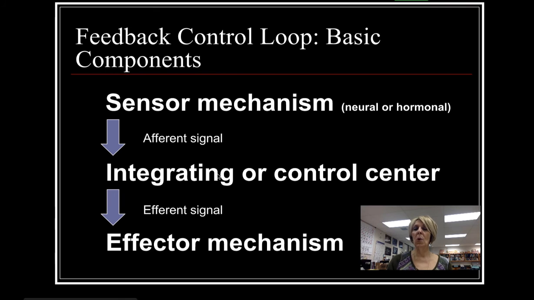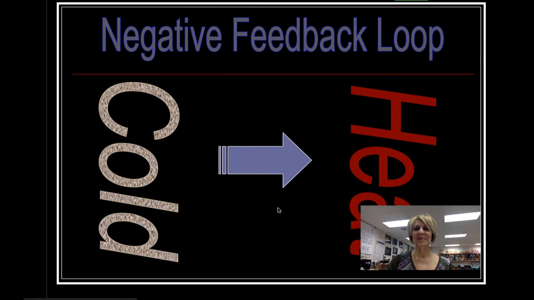My spinal cord makes the decision that I need to move my finger away from that flame. That would be an efferent electrical signal that goes out to my finger, which tells me to move my finger away from the flame. At the same time, my spinal cord is also telling my brain, hey, I just moved your finger away from the flame. You can thank me later.